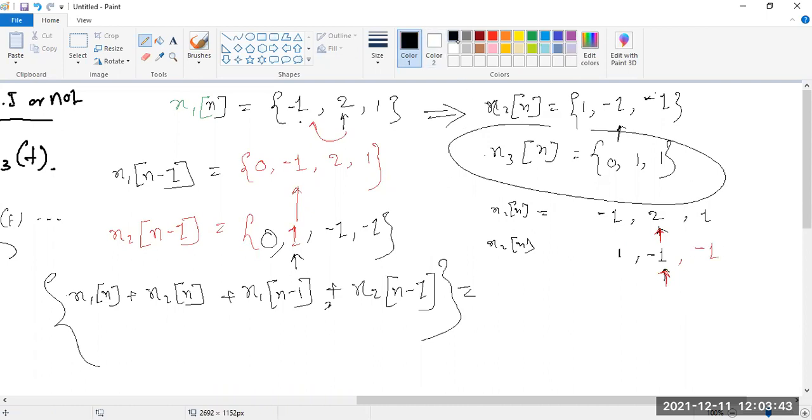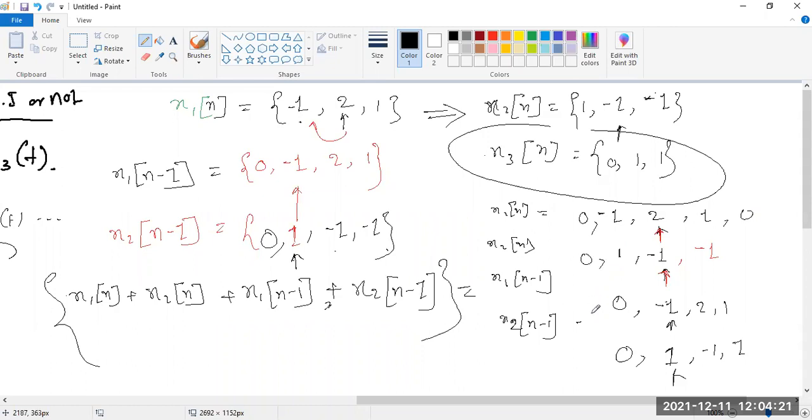Then x1[n-1] is -1, 2, 1, with 0 here. Then x2[n-1] is 1, -1, -1. I put 0s over here so that you can understand.